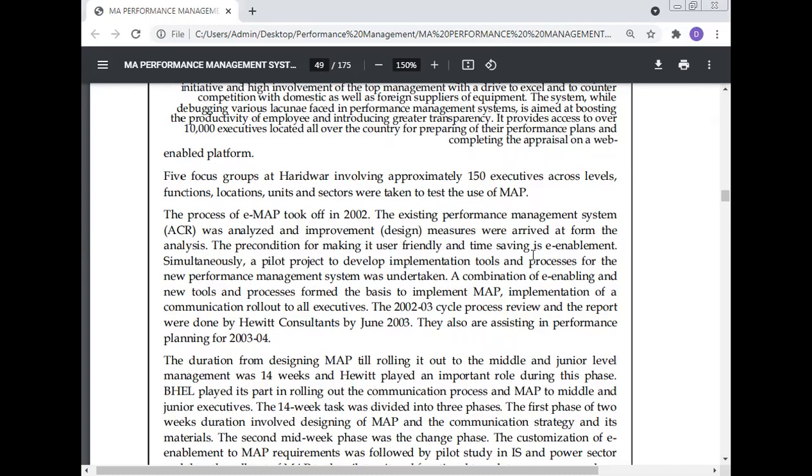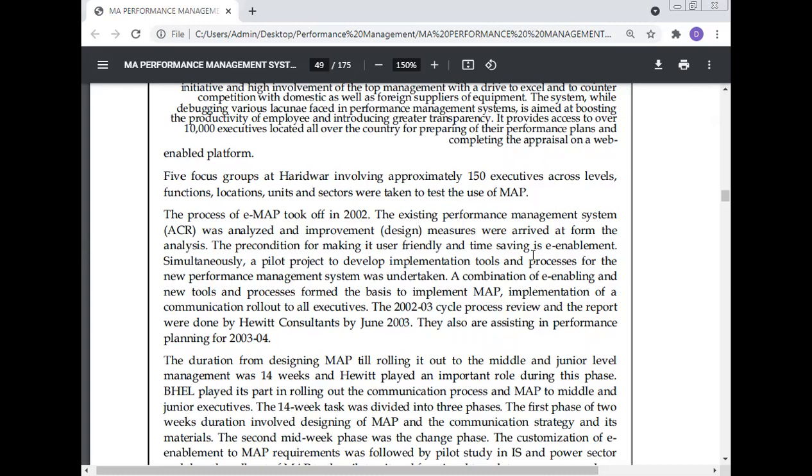The precondition for making it clear, friendly, and time-saving is enabled. Simultaneously, a pilot project to develop implementation tools and processes for the new performance management system was undertaken. A combination of enabling and the new tools and processes formed the basis to implement EMAP.